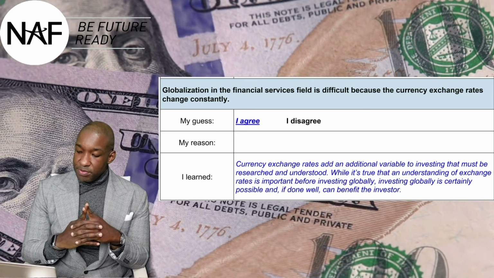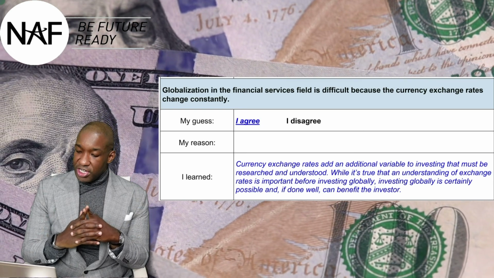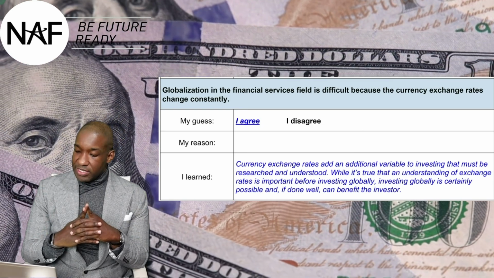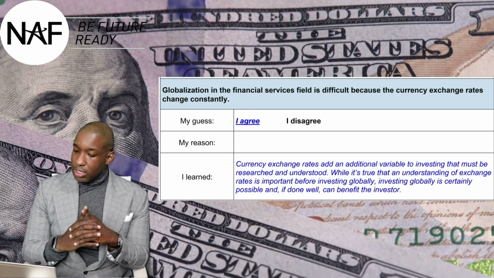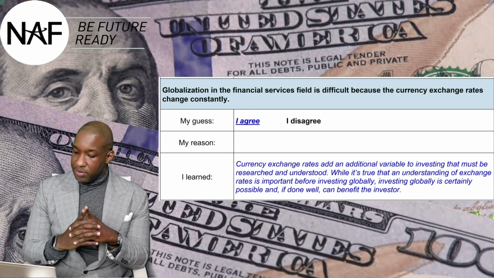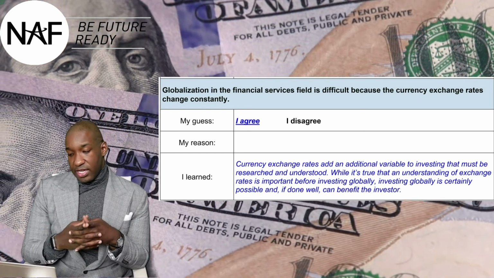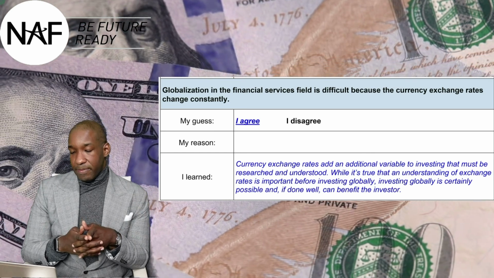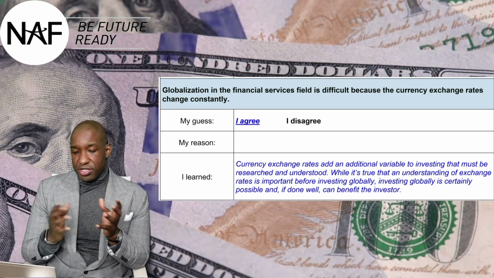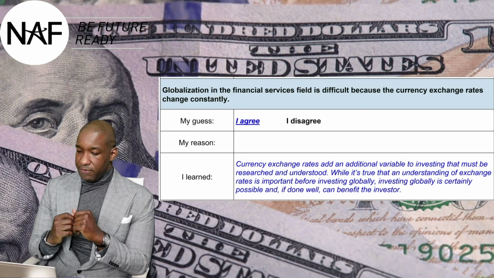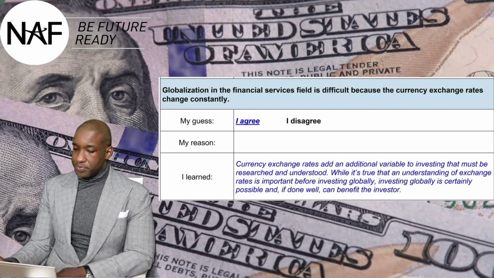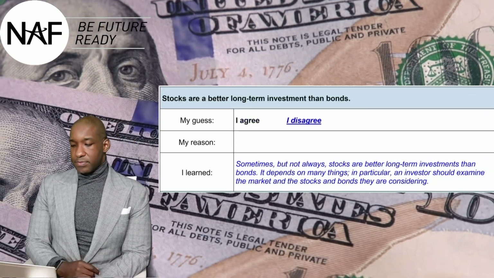While it's true that an understanding of exchange rates is important, investing globally is certainly possible, and if done well, can benefit the investor. So it doesn't mean you shouldn't, but just be careful if you are investing globally. Let's move on.